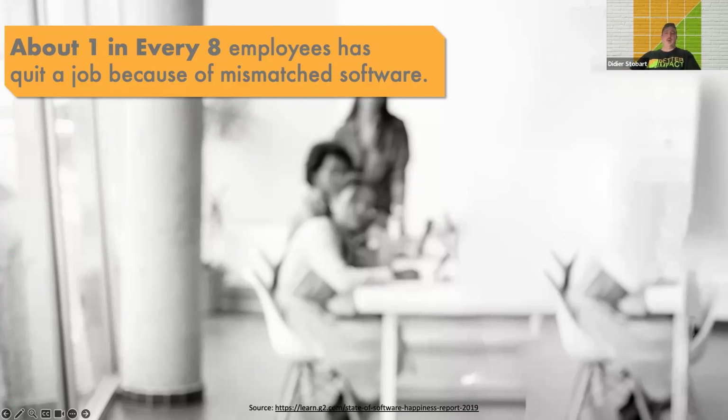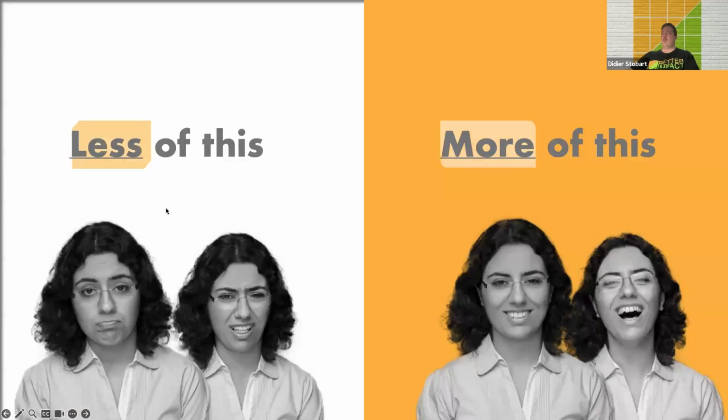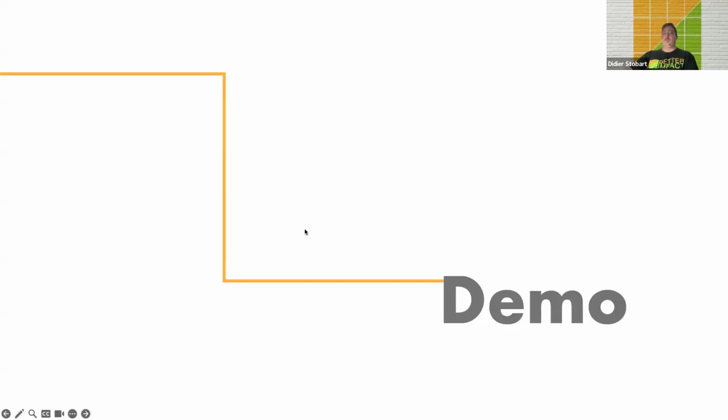It shows the importance of having the right software for your staff and also for your volunteers, and finding that right mix between the two. So let's get you and your team working with the tools that make you feel less frustrated and rather more empowered and more productive when you do your job. Now it's time to explore how Volunteer Impact can help you achieve just that. And we'll move to the demo part of the webinar.